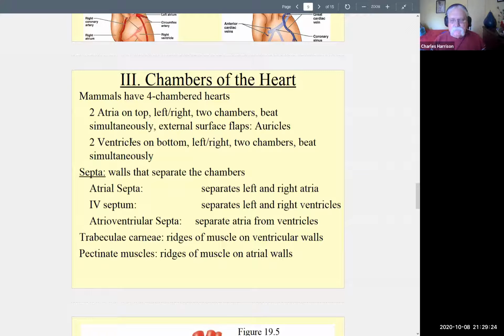When the ventricles contract, they do so really, really fast and hard, and again simultaneously. Septa are simply walls that separate chambers. The atrial septum separates the left and right atrium.